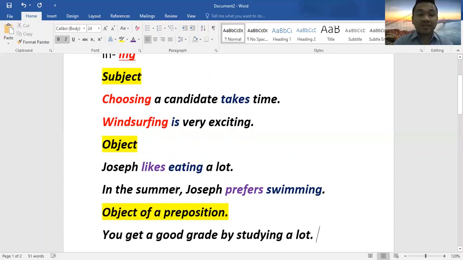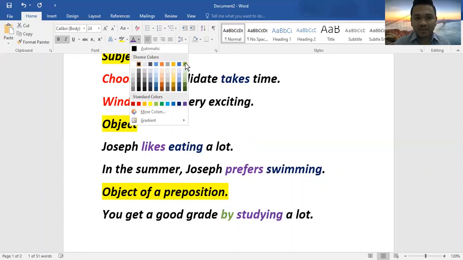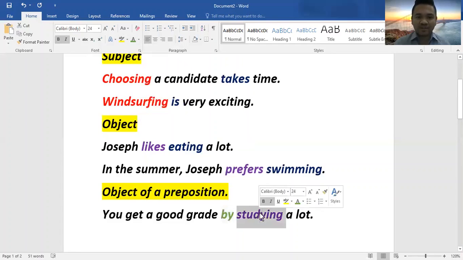Now, the gerund here is studying. It is an object of a preposition. Why? Because before the gerund studying, there is the word by. So it is an object of a preposition because the preposition comes first before the gerund.